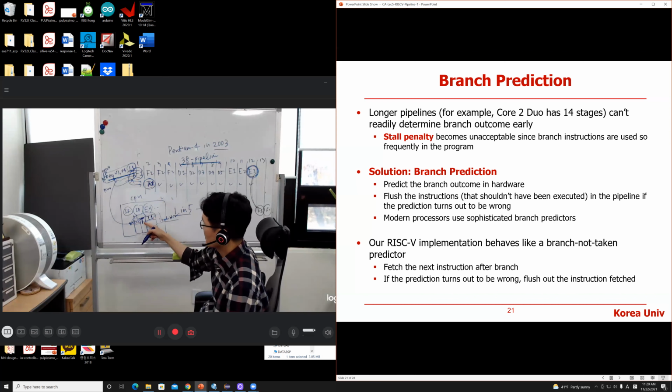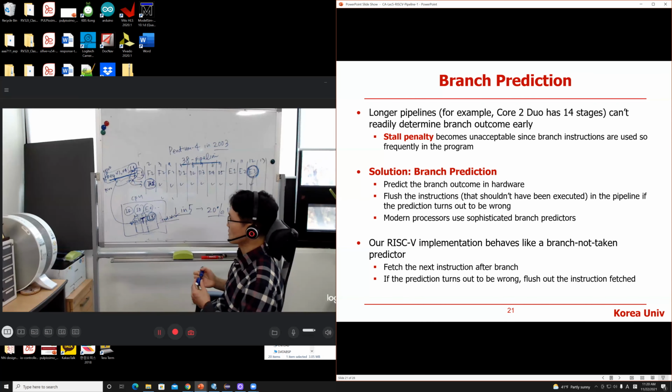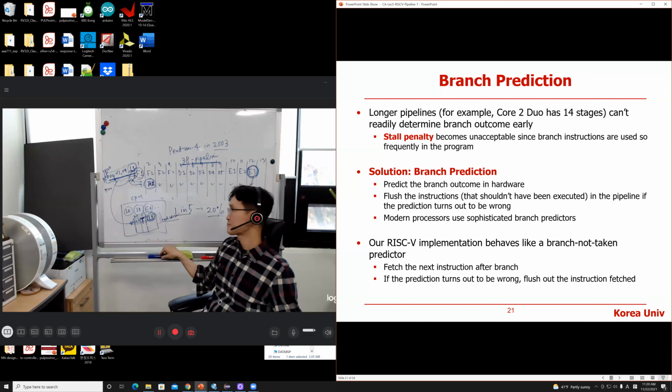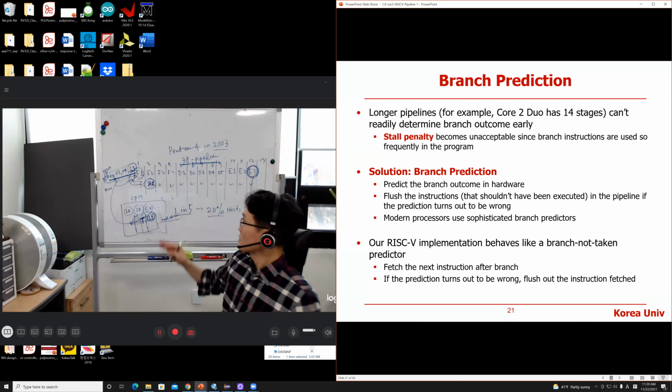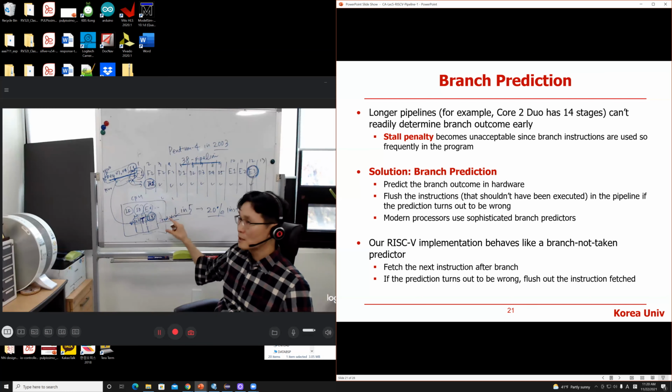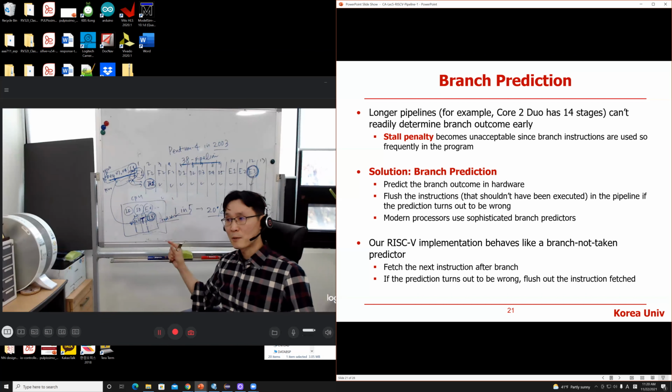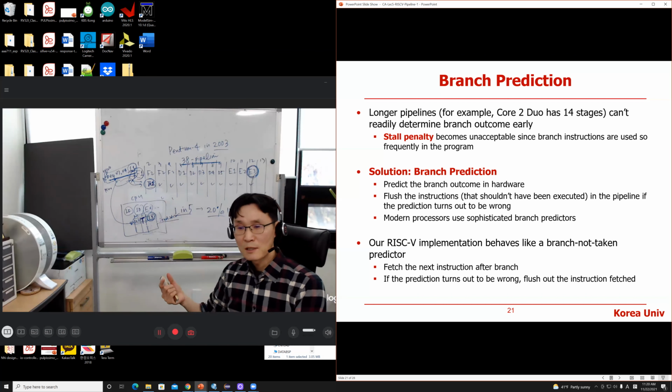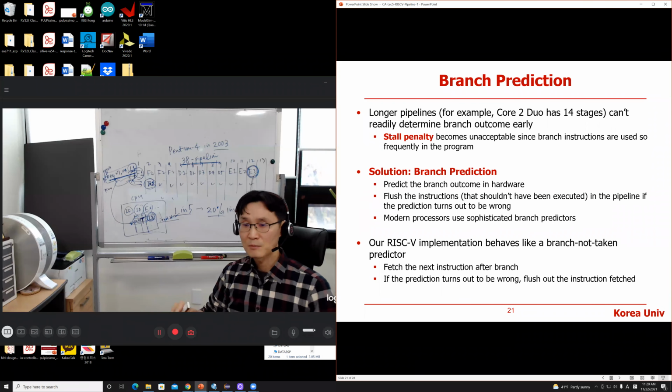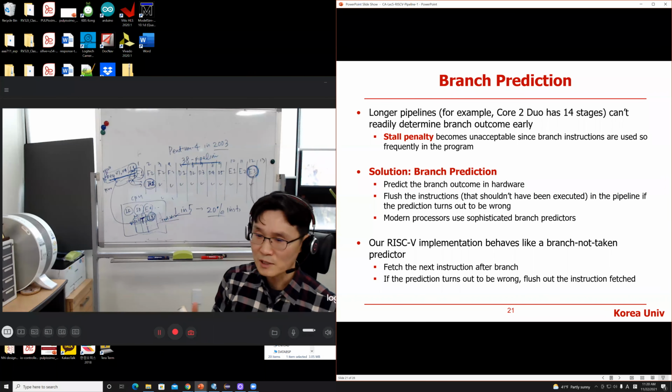So it is better to predict it to be taken, and the destination is L1. The design is very complicated, but every high performance commercial processor has a branch predictor inside these days, because control hazard is a super serious problem.